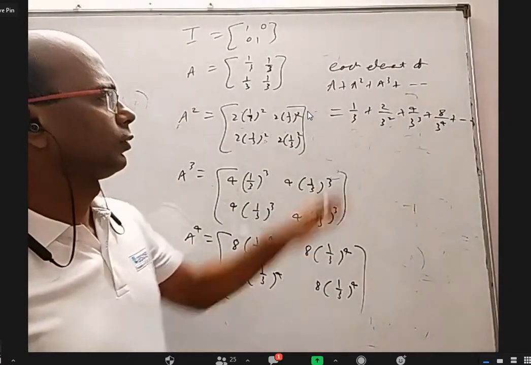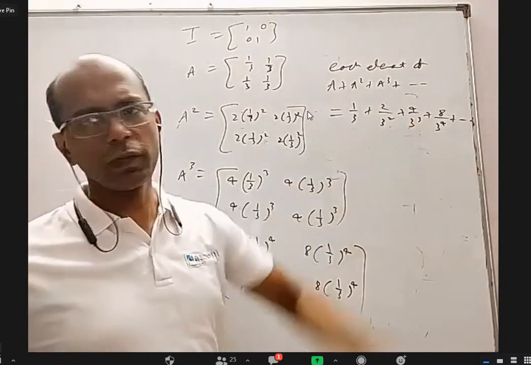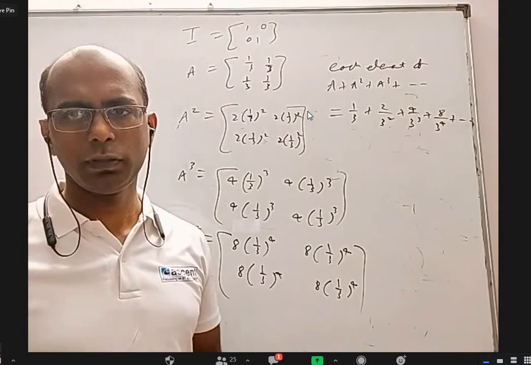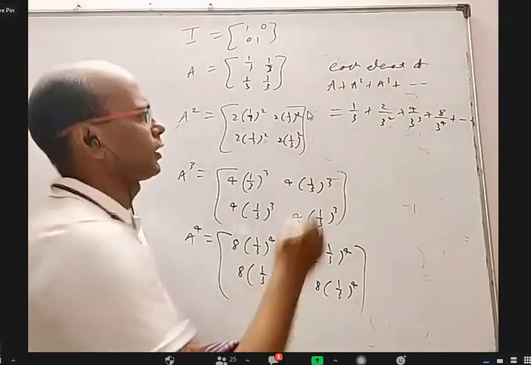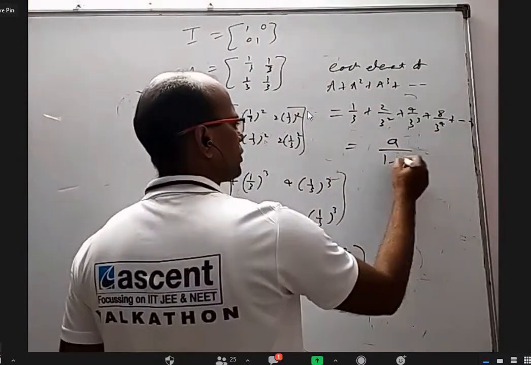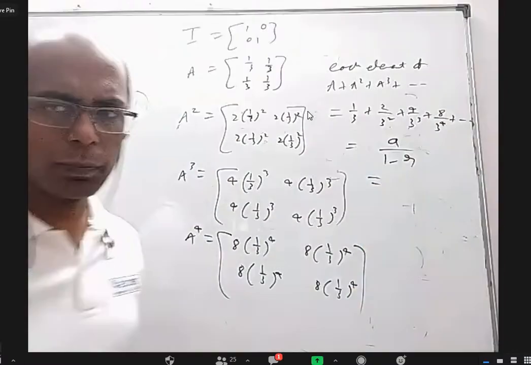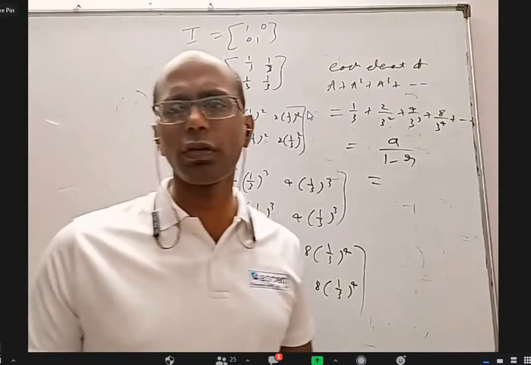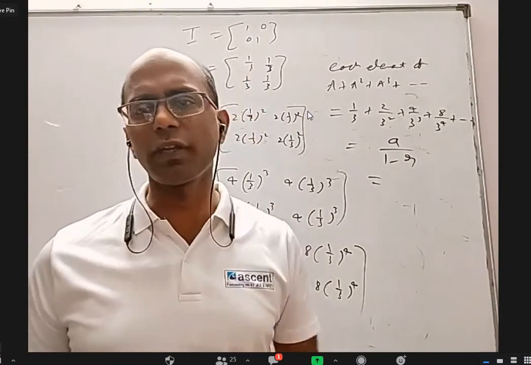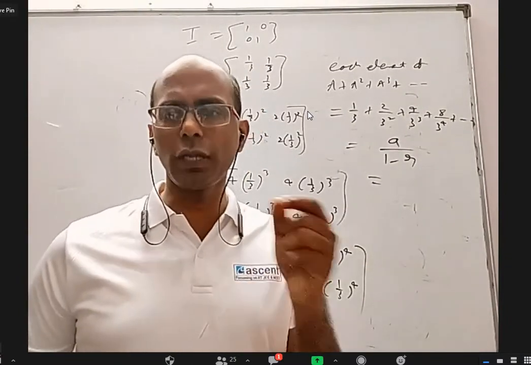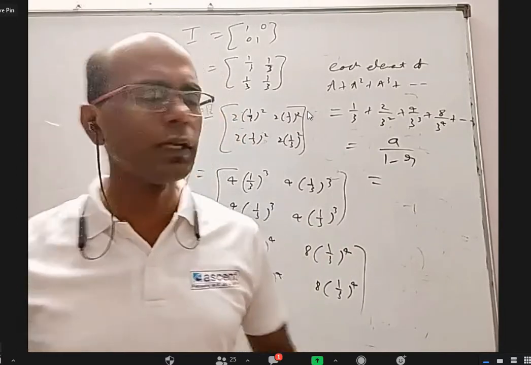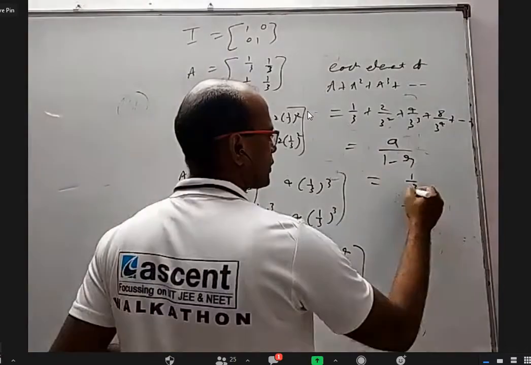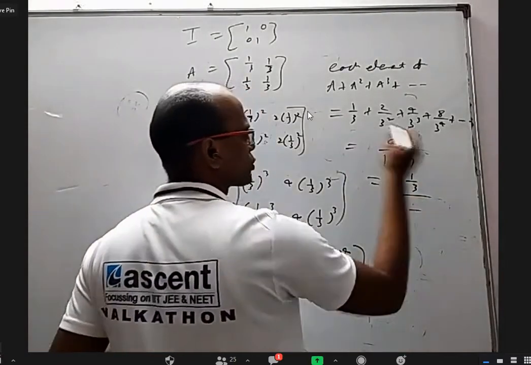Multiply by 2 by 3, multiply by 2 by 3. So what is the formula for the sum of infinite terms of a GP? A by 1 minus r. If somebody doesn't know about geometric progression, just remember this formula. If you take a plus ar plus ar square and so on forever, the sum of infinite terms of that GP. For finite terms, you know, a into 1 minus r power n by 1 minus r. With infinite terms, a by 1 minus r. That a is 1 by 3 and that common ratio is 2 by 3.